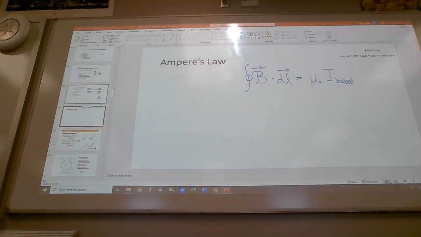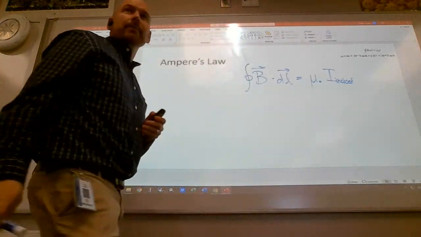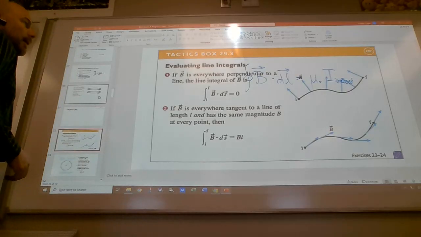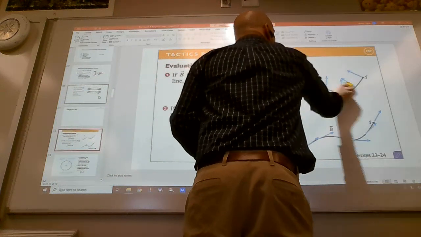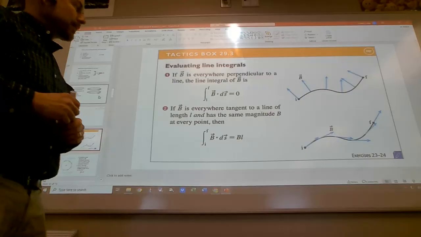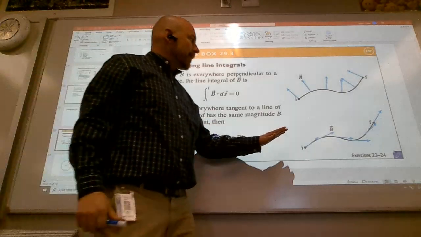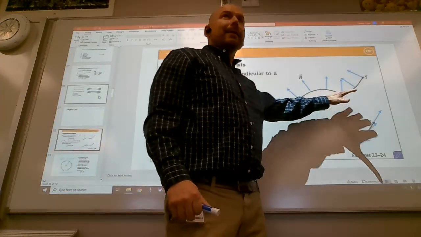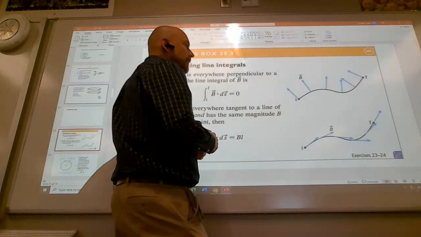And this is 4 pi times 10 to the negative 7th. So here, if the magnetic field is perpendicular to the path that we're integrating, that is 0 because it's a line integral.